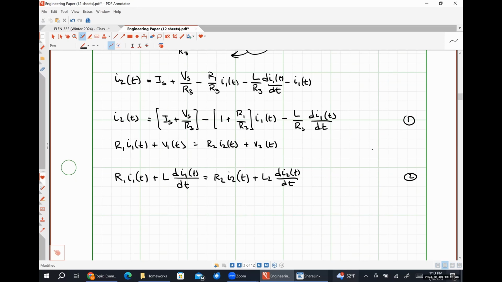All right, so for equation 3, I can say that the derivative of my current I2 is equal to negative 1 plus R1 over R3 times the derivative of I1 minus L over R3 times the second derivative of I1.